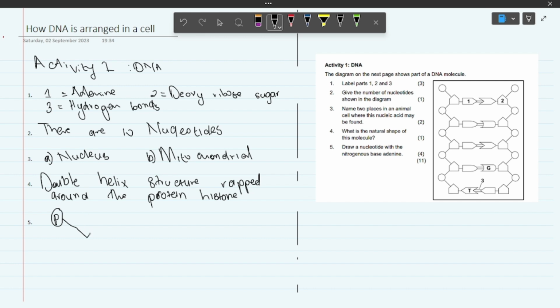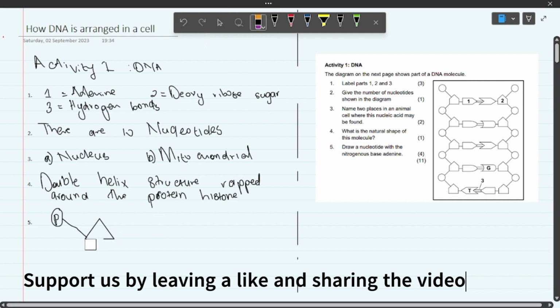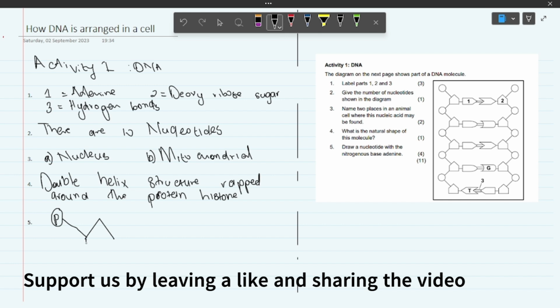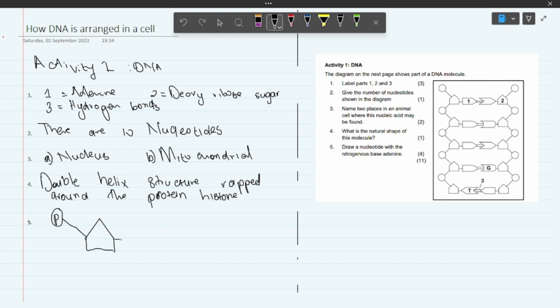So this is a deoxyribose sugar. I'm just going to represent these dotted lines as the hydrogen bonds.